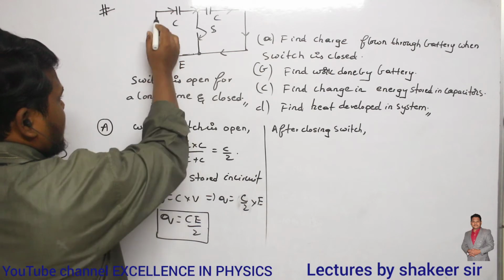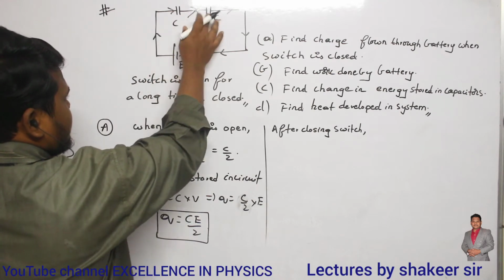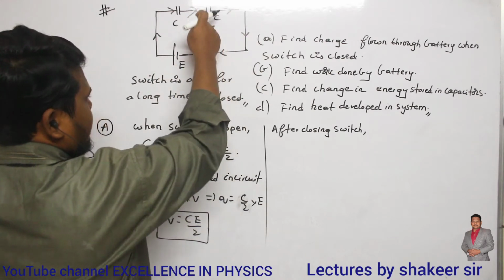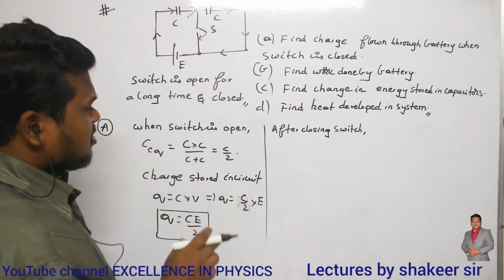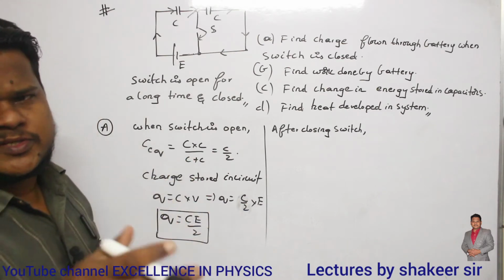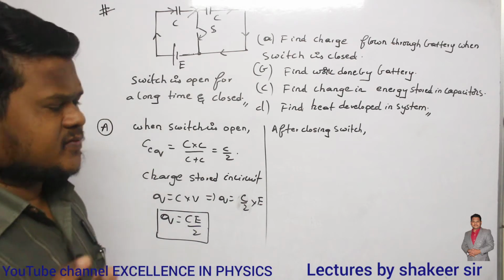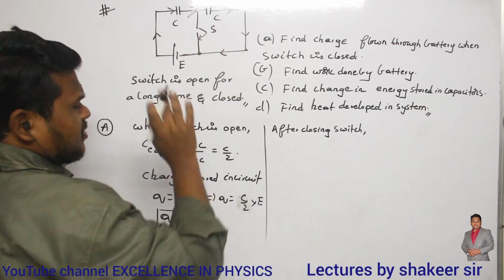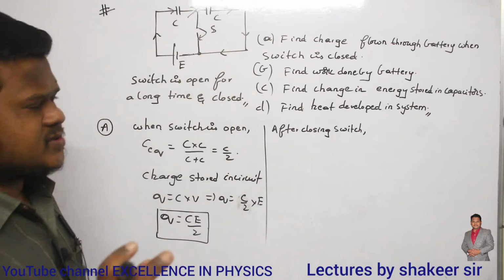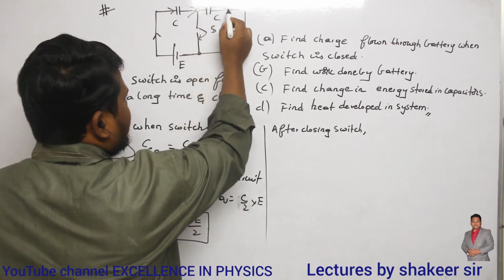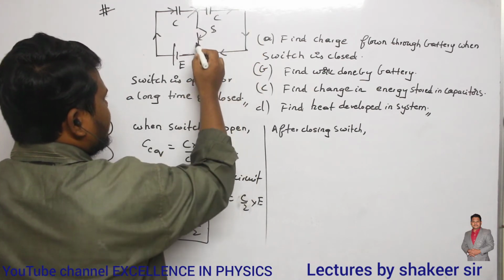So the charge, after entering up to here, will see two branches. Charge always prefers to flow in the low resistance path; we have already discussed this. So instead of flowing in this path, charge will try to flow in this path.